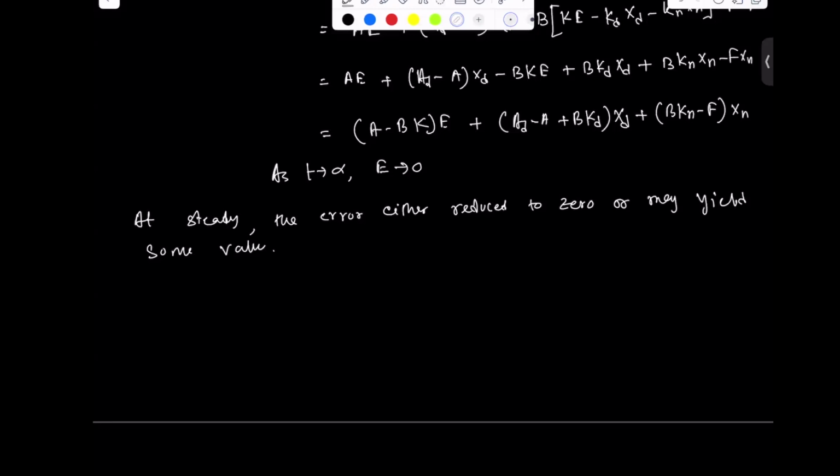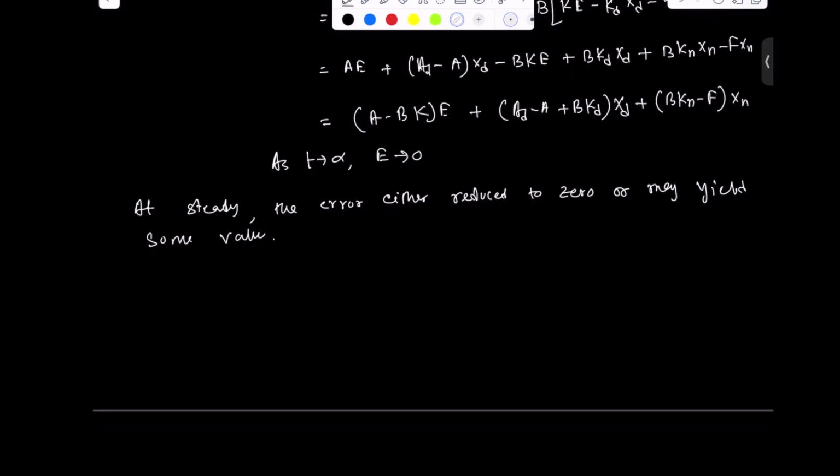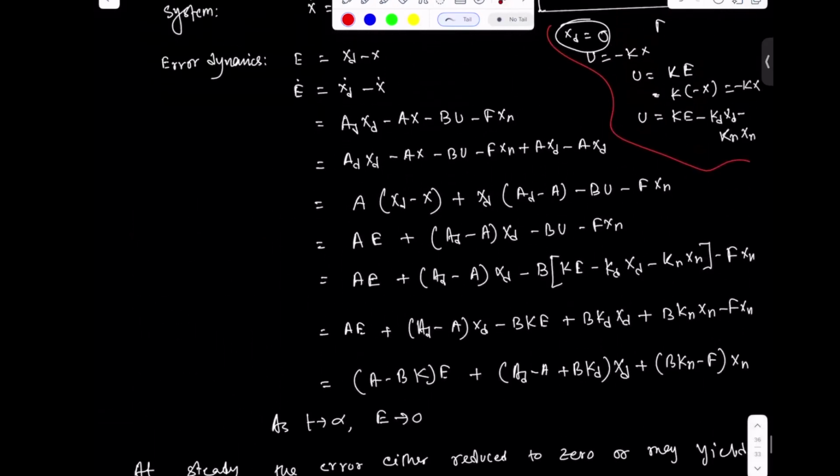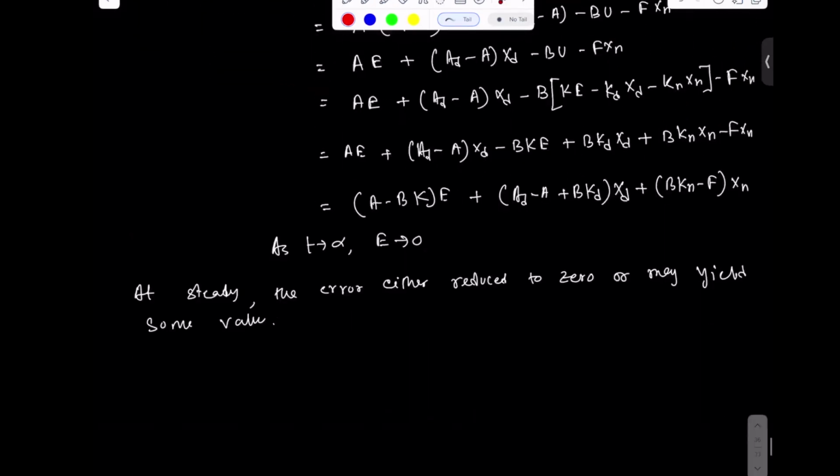A small value means it can go to some constant value. That steady state means some constant value, right? So in that case, the derivative e dot will be 0, we can write.